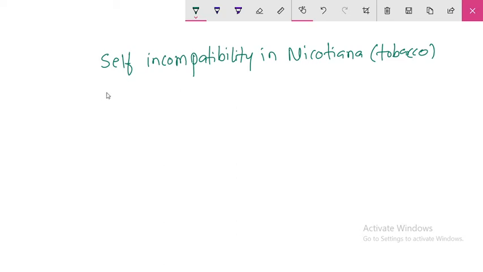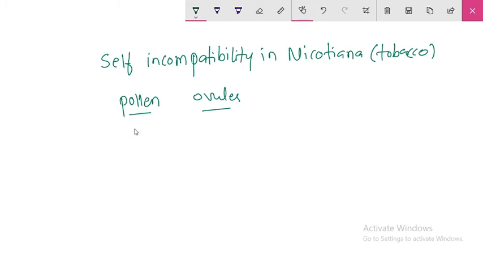Sometimes it is observed that each plant produces pollen grains as well as ovules. So the anthers and the stigma, gynoecium, are present in the same plant. So when pollen falls on the stigma, this pollen germinates, it produces the pollen tube, and the male gametes reach up to the ovule and the fertilization takes place.